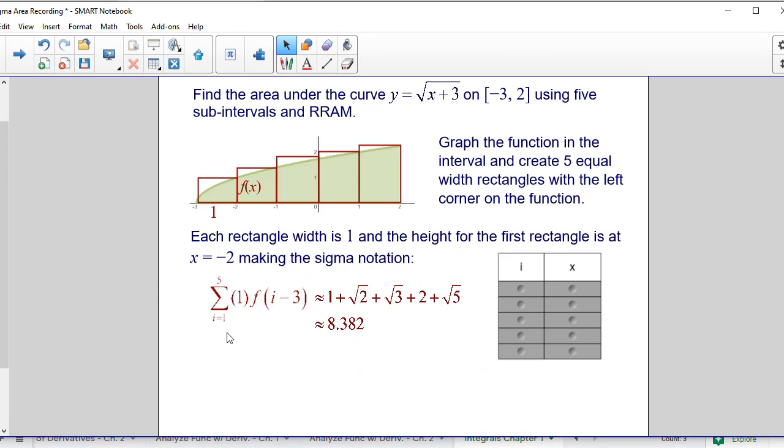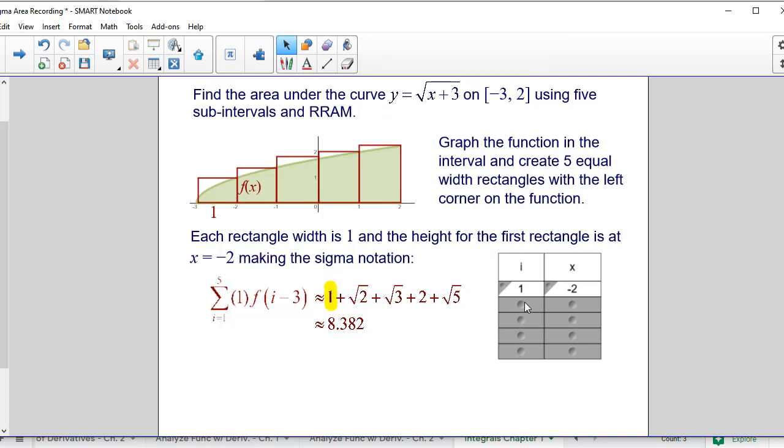So now we evaluate our summation as i increases from 1 to 5. At first, when i is equal to 1, our value of x will be 1 minus 3, which is -2, and f of -2 is equal to 1.